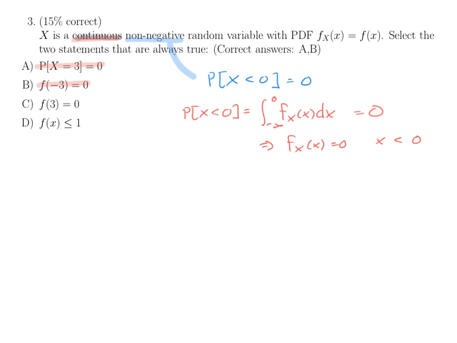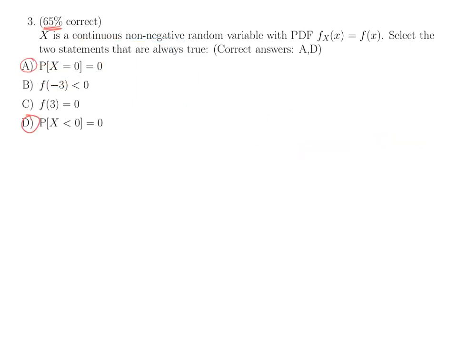But I didn't quite understand that so much before I made the exam. This version of the problem was one of like 8 versions. 65% of the class got it correct, and I have no idea why this version was so much easier.